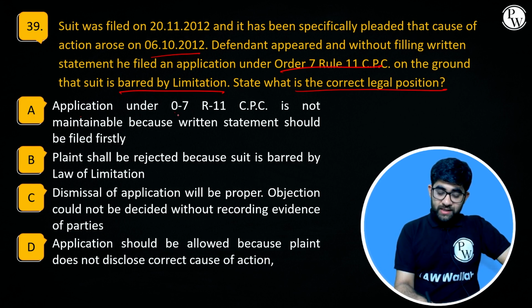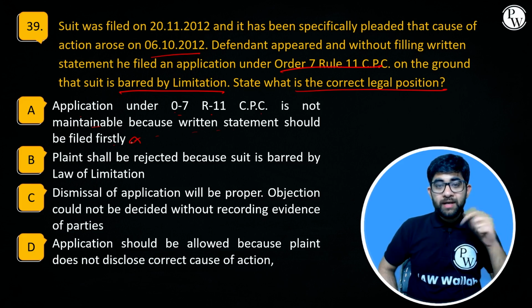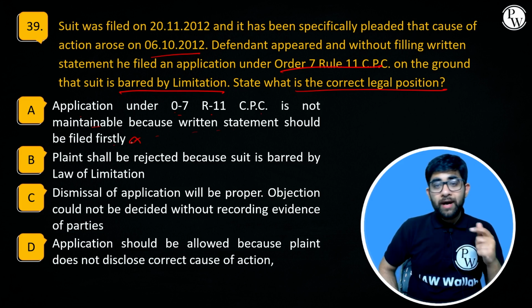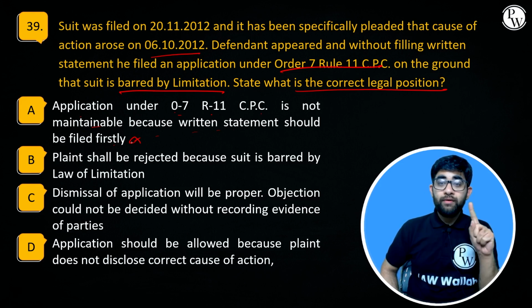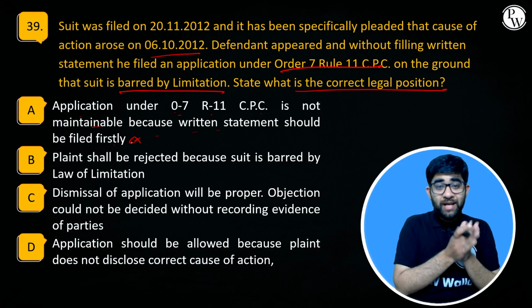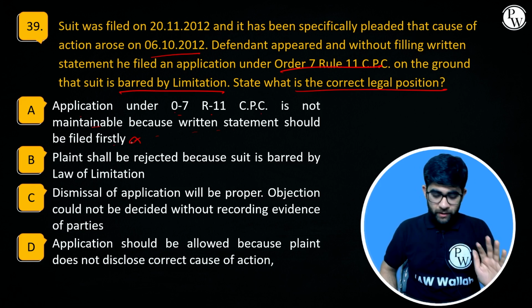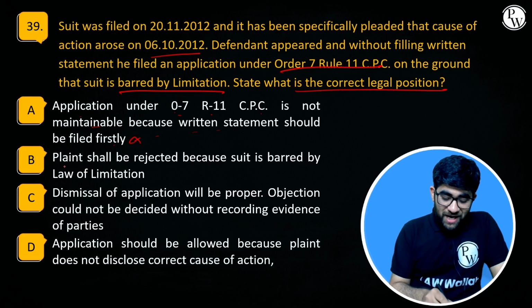Application under Order 7 Rule 11 CPC is not maintainable because written statement should be filed firstly. See, filing of written statement doesn't take away the right to file an application under Order 7 Rule 11 for rejection of plaint because it is a technical issue. The court has to take judicial notice of the same. So WS or no WS, 7 11 is maintainable. Plaint shall be rejected because suit is barred by law of limitation.